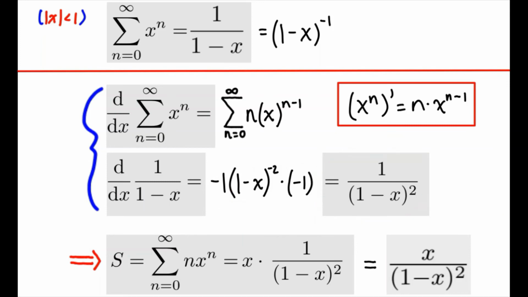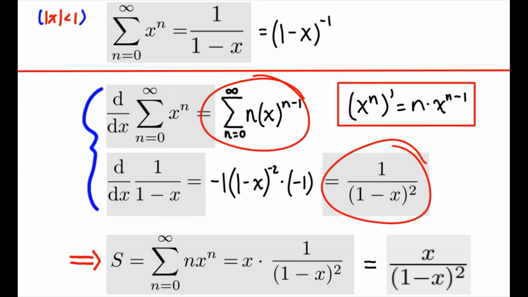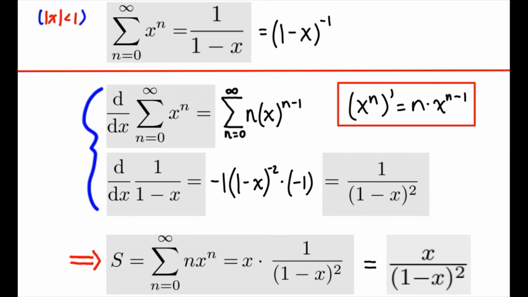Now that we know that this is equal to this, what do we have to solve again? We have to solve this over here.